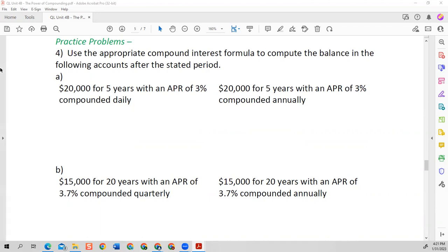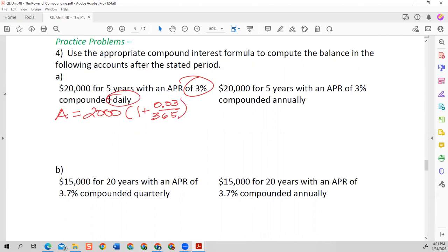So let's solve for it. So we have A is equal to the 20,000 times 1 plus, we're going to write the interest in decimal form, and we're going to divide it by 365 because it said compounded daily.